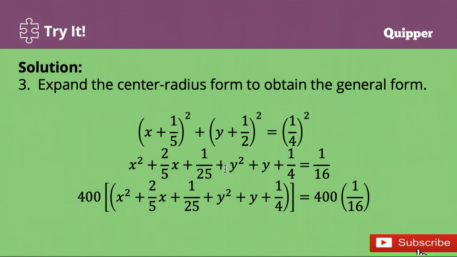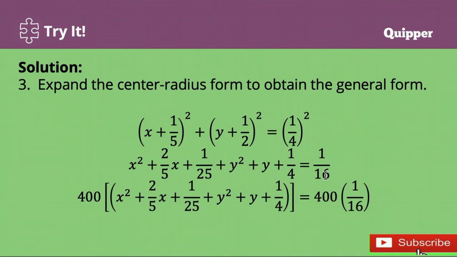Just follow the three steps that I gave you a while ago. And the expansion of (y + 1/2)² is y² + y + 1/4, equal to the square of 1/4, which is 1/16.